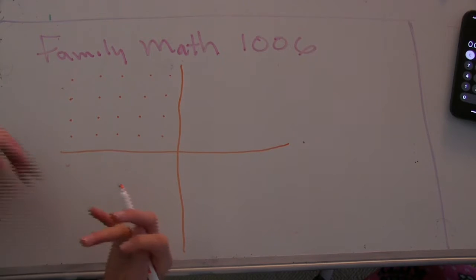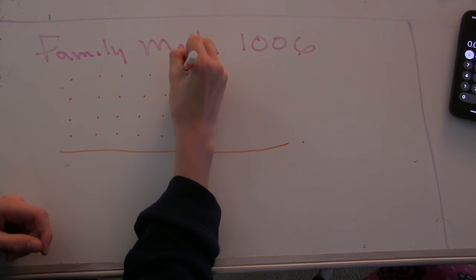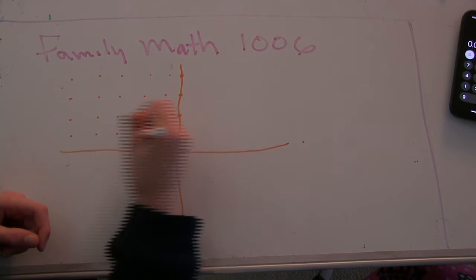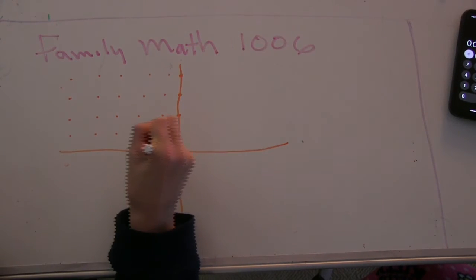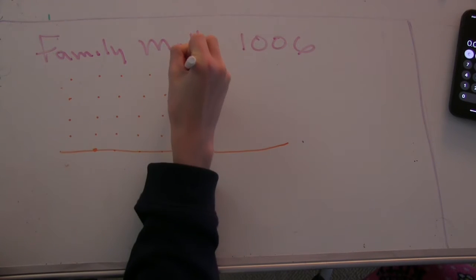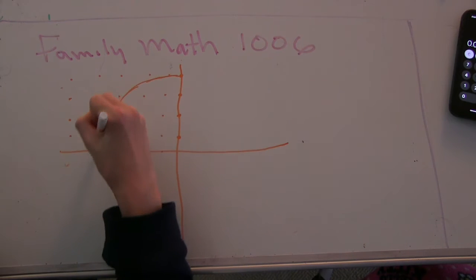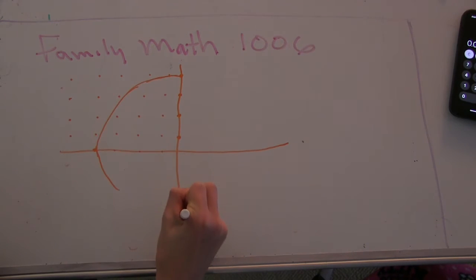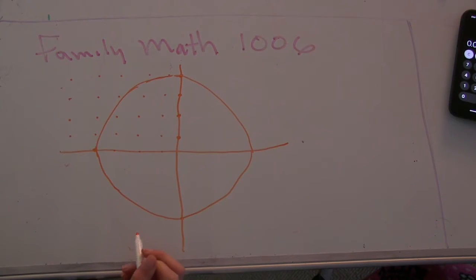Oh yeah. Then you draw your circle with the radius. You can call it maybe radius 4. All right. So that would go to here. So we have a circle with radius 4.